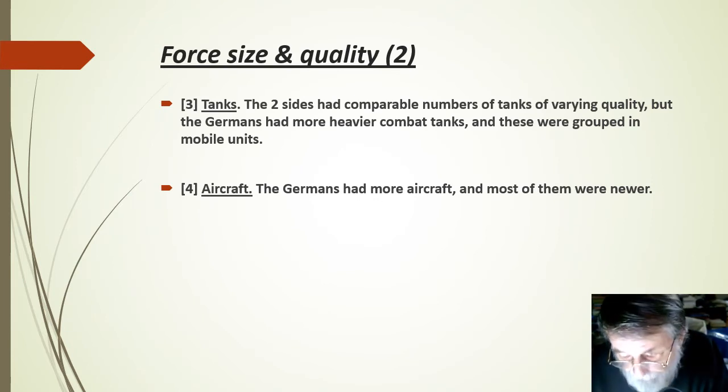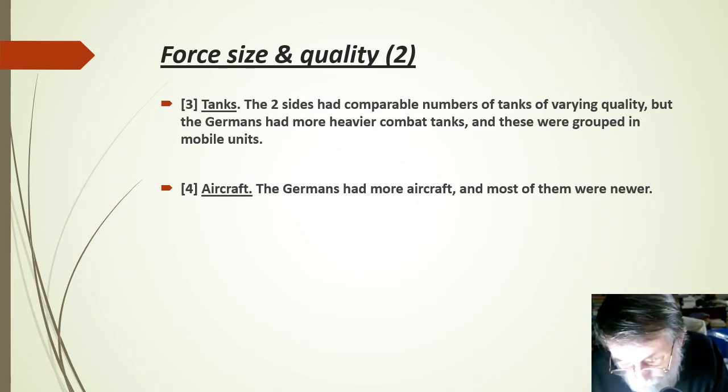The two sides had comparable numbers of tanks of varying quality, but the Germans had about 1,200 heavier combat tanks available in mobile units out of a total tank force of about 2,500, whilst the French and British had only about 850.